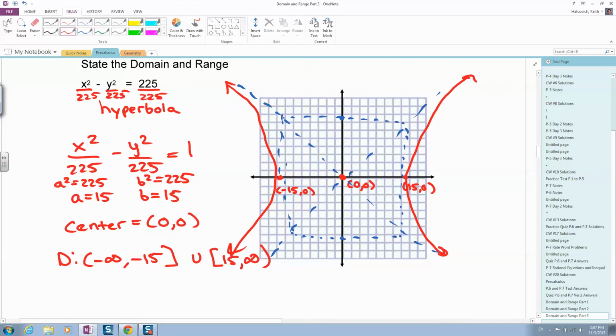And then for the range, it goes up and down in all directions, so the range is all real numbers. So depending upon which direction a hyperbola faces, you'll have a restriction for the domain, but then the range will be all real numbers. And if the hyperbola went up and down, then you'd have a restriction on the range, but then the domain would be all real numbers.